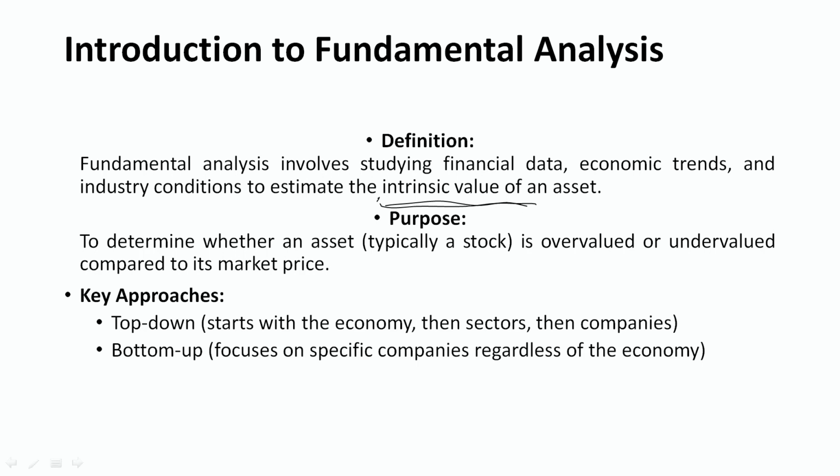So, intrinsic value here talks about the value of the company's share based on the asset holding of the company. So, there are two types of value which we can discuss over here. One is the book value and the other one is the intrinsic value. What is the difference between book value and intrinsic value?